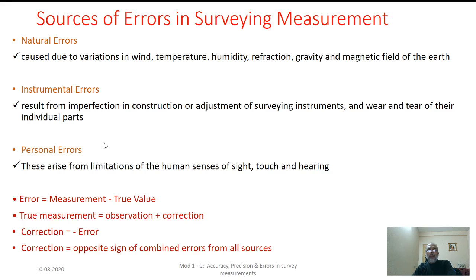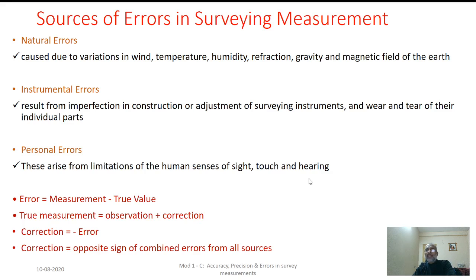It is quite probable that because of one's limitations in the senses of sight, touch, and hearing, the person working in the field may commit certain errors. Say, for example, a person who does not have proper eyesight may not be able to bisect the object under consideration, and if the person has shaky hands, he may not be able to hold the starting or terminating end of the measuring means exactly at the station under consideration.